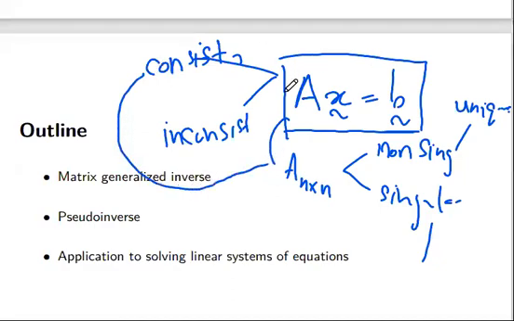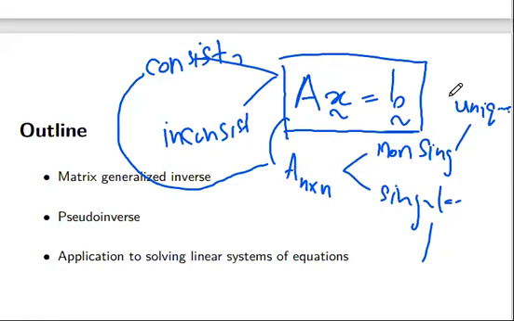If this system is consistent and let's assume this matrix is a square matrix, then we can break into two: this matrix could be non-singular or singular. If it is non-singular, that's fine.